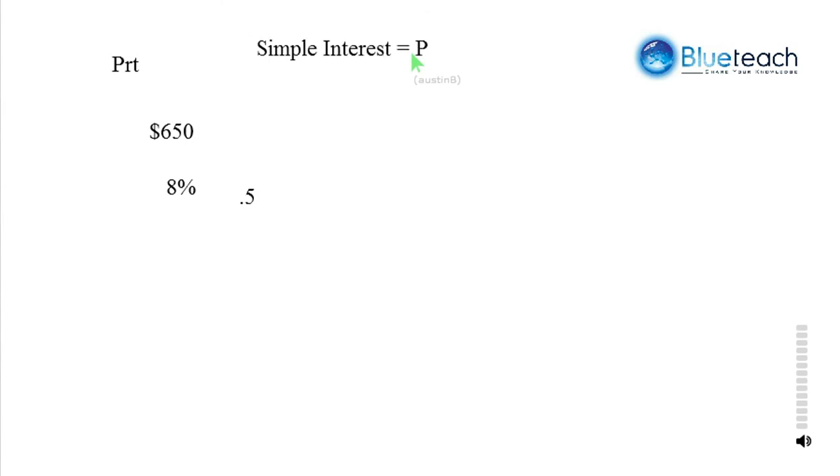Give you a minute for that. And the answer is 26. So we conclude that after 1/2 of the year, you will have $26 of simple interest. And that is basically how you evaluate a variable expression.